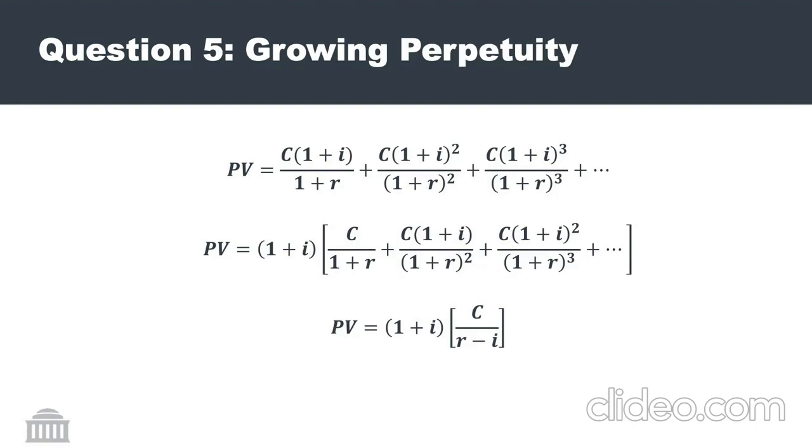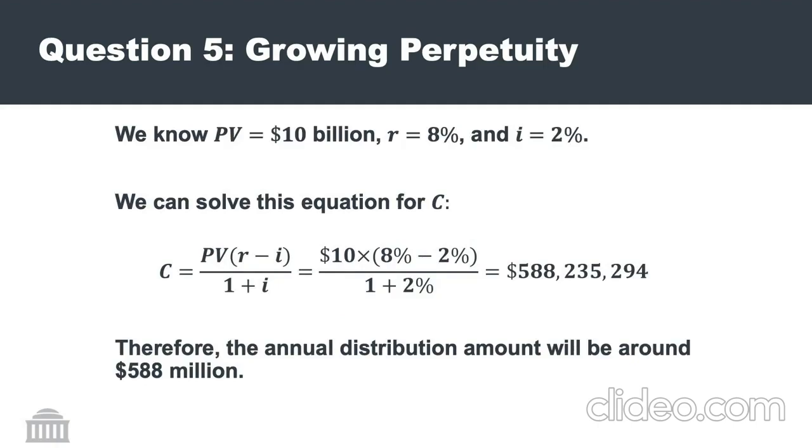All that's left here is to find C in this expression. Remember that we're given the present value, which is the amount that Jeff Bezos pledged to the foundation, which is $10 billion.